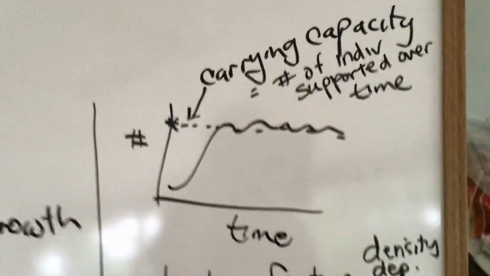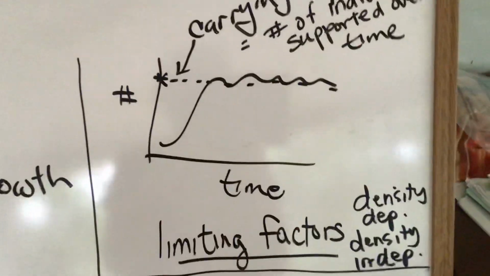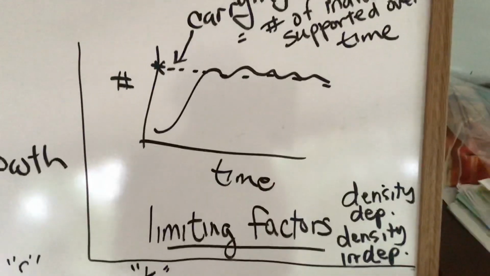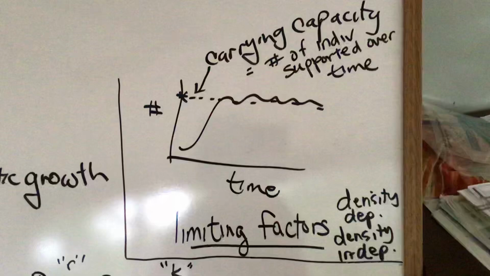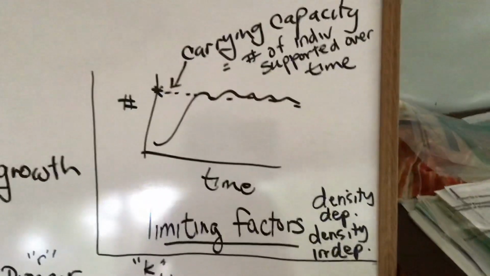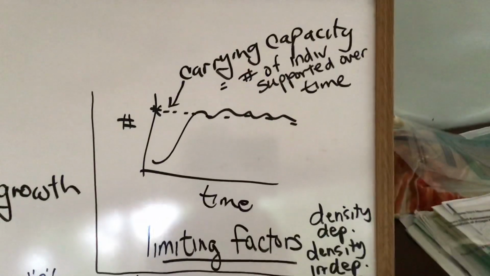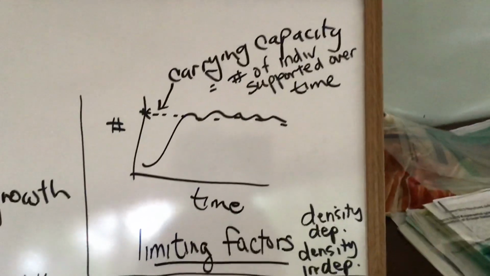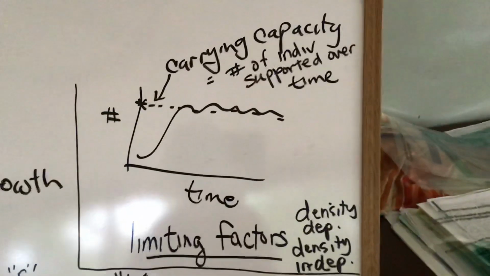Okay, the things that can limit that are what we call limiting factors. Limiting factors can either be density dependent or density independent. Something density dependent would be, let's say, a parasite load in the squirrels.